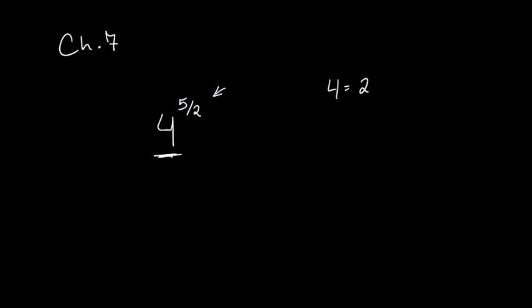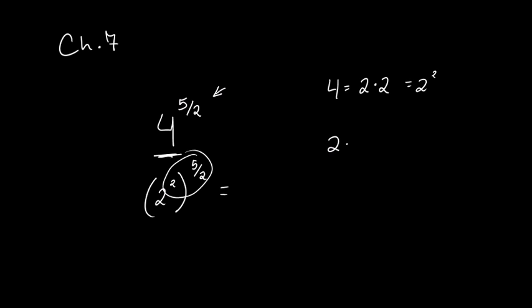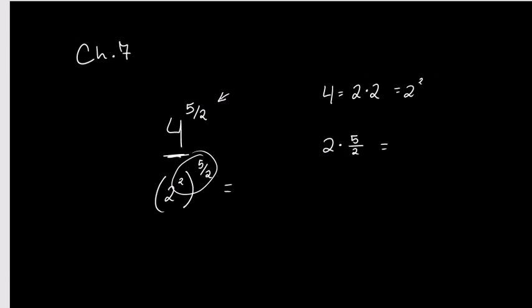4, of course, is a nice number, which we factored into 2 squared. So we can easily replace 4 with 2 squared to the 5 halves power. And what happens when I have a power raised to a power is I actually multiply. So 2 times 5 halves, the 2's end up dropping out, and you just get 2 to the 5th.